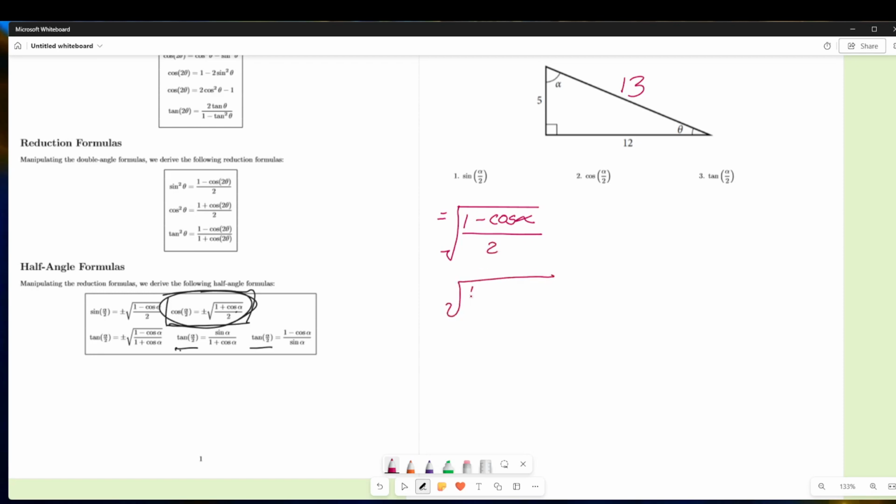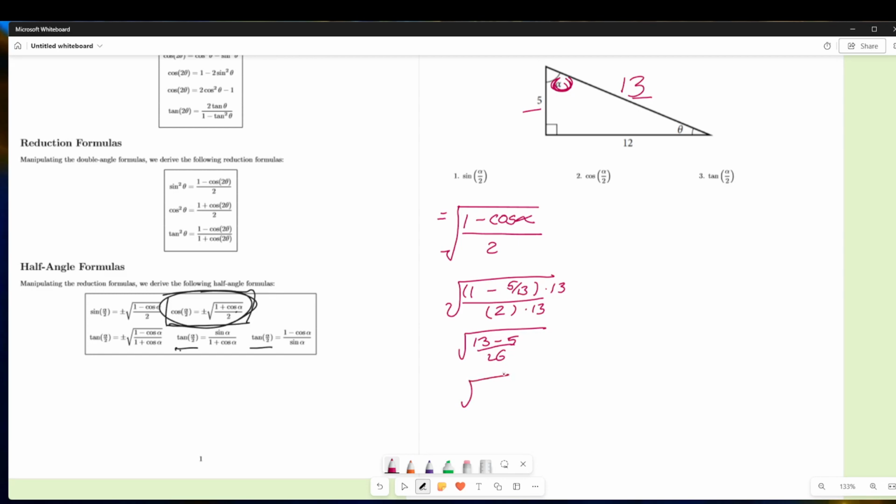And the cosine of alpha, this is alpha, so it's adjacent over hypotenuse. So 1 minus 5/13 over 2. And we're going to clean that up the same way. Multiply by the denominator we want to get rid of, so multiply by 13. And we're going to get the square root of 13 minus 5 over 26.